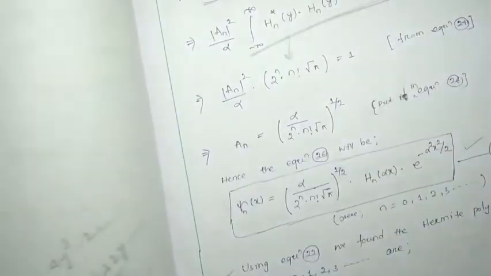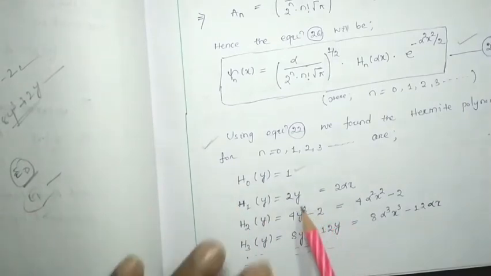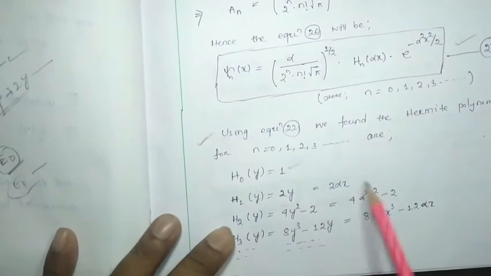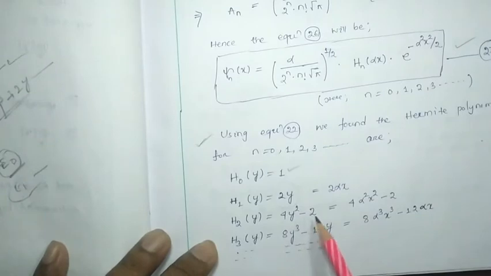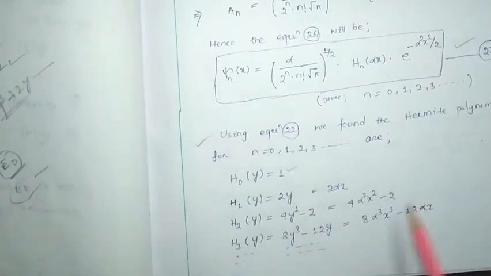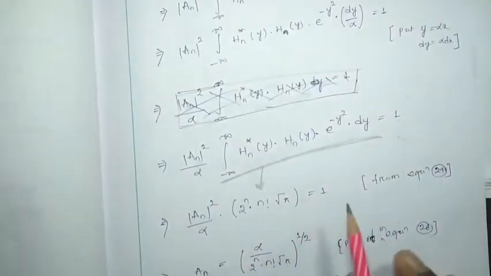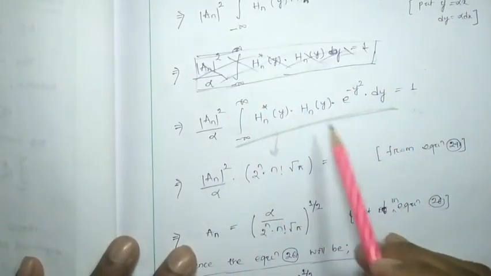So h1 we can find 2y, or if we consider y equal to alpha x, then it will be 2 alpha x. h2(y) we can find 4y square minus 2, or 4 alpha square x square minus 2, and h3 will be equal to 8y cube minus 12y, which we found from this equation number 22. Now this value will be equal to this much.